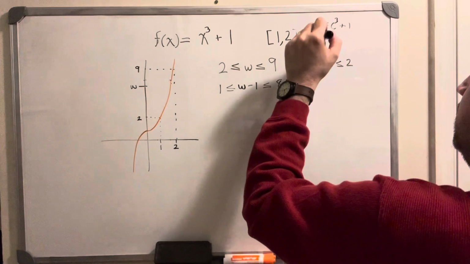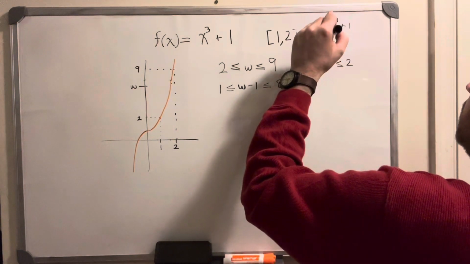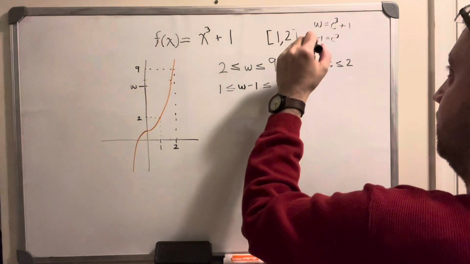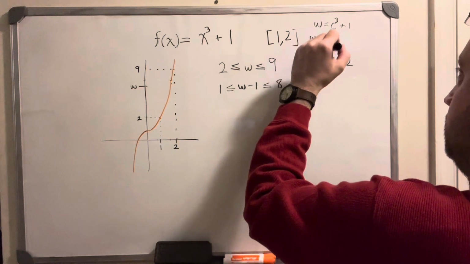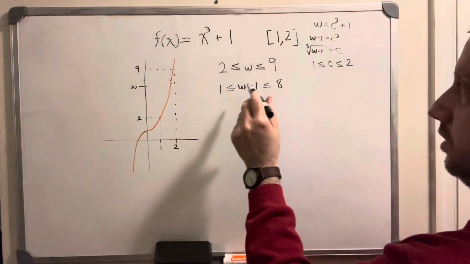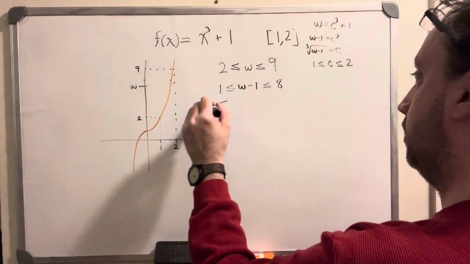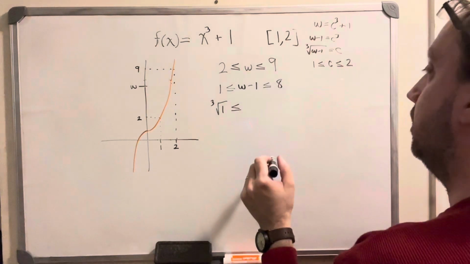Now, if c cubed is equal to w minus 1, to get c, I need to take the cube root of w minus 1 equals c, right? So let's take the cube root of 1. We're taking the cube root of everything here.